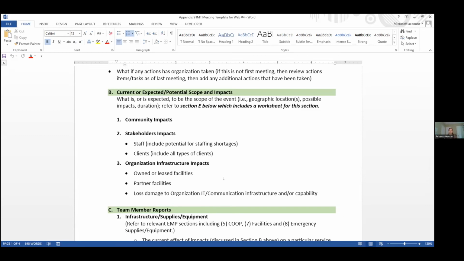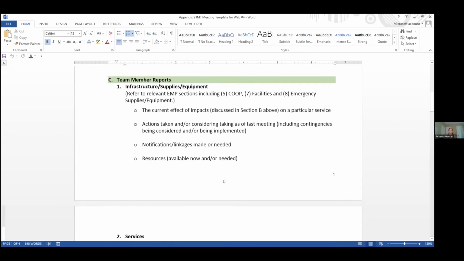Another thing that we would recommend, as part of your meeting, is to have each group reporting out on what's happening. Right here in this section of the template, we put 3 different groups.